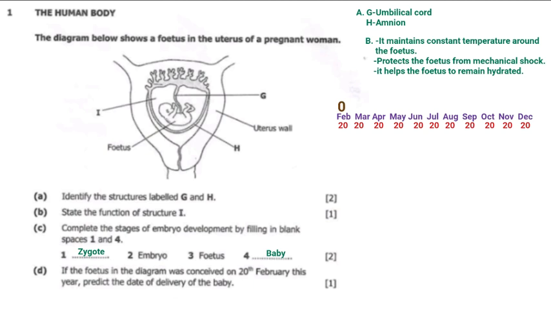March is first month, April 2nd, May 3rd, June 4th, July 5th, August 6th, September 7th, October 8th, November 9th, December 10th. So when we count the months considering the date of conceiving, 20th March will be the first month of the pregnancy. That means the pregnancy will have 1 month.